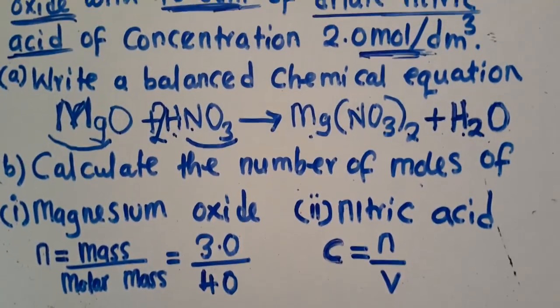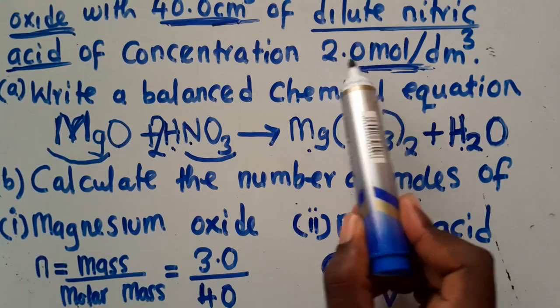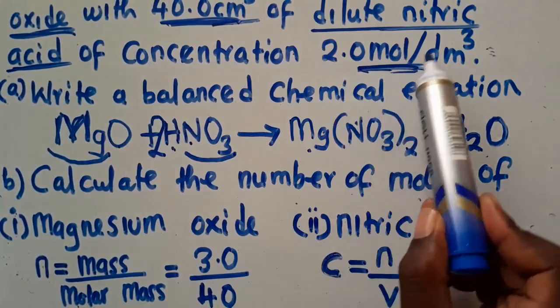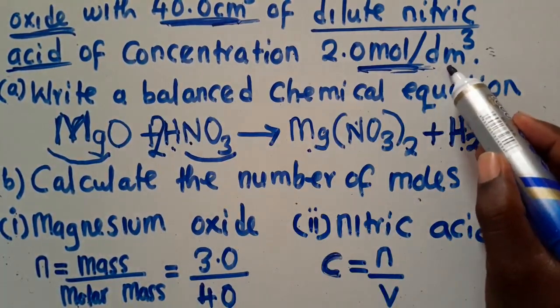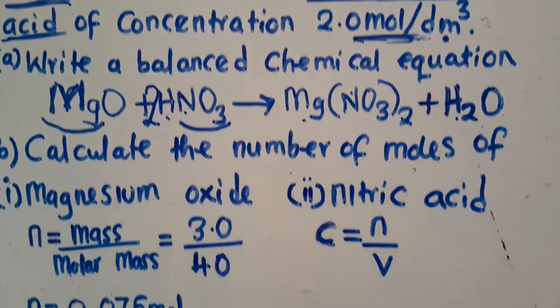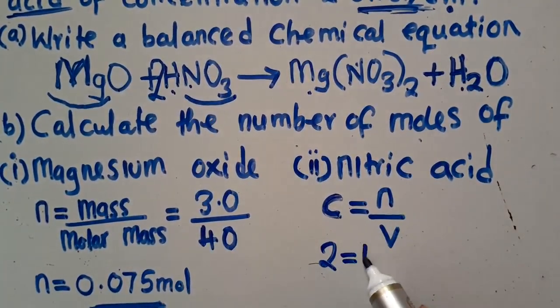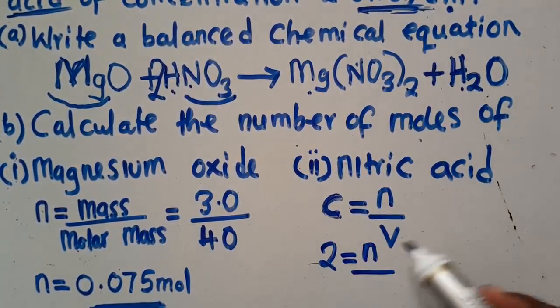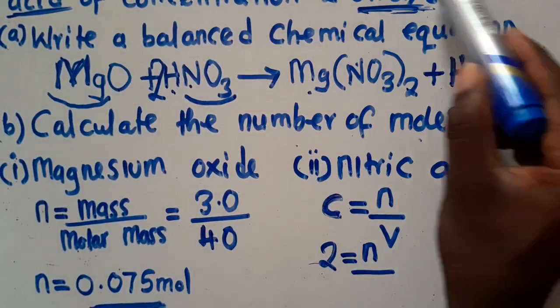We are given a concentration of 2.0 moles per decimeters cubed. The volume is what? Decimeters. Pay attention to that. So concentration, you put 2. So you say 2 is equal to N, which is what you are looking for, over the volume now. This is molarity.